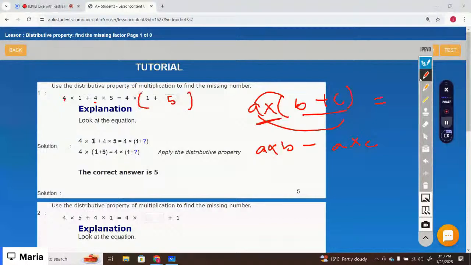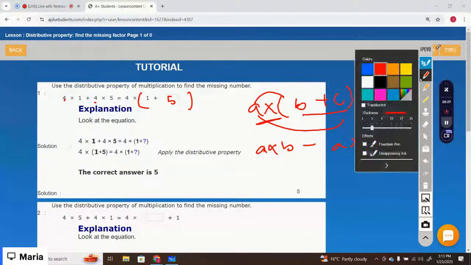So it would be 1 times 4 and 4 times 5. Let's just start with the test questions.